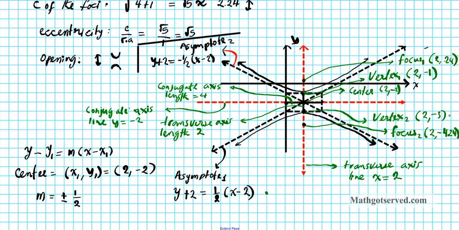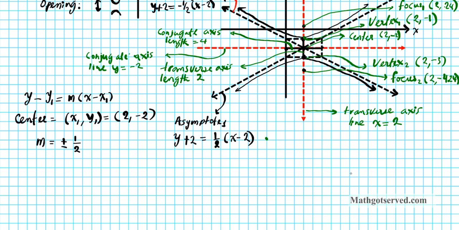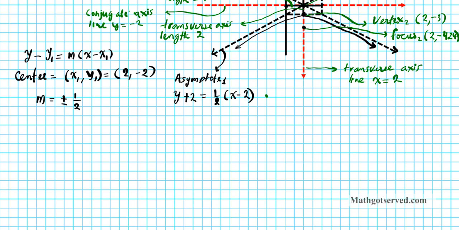Now let's go ahead and write down the meaning of our result, the definition of a hyperbola in the context of this problem. Okay, so to do that, let's go ahead and write that down. The definition is as follows.